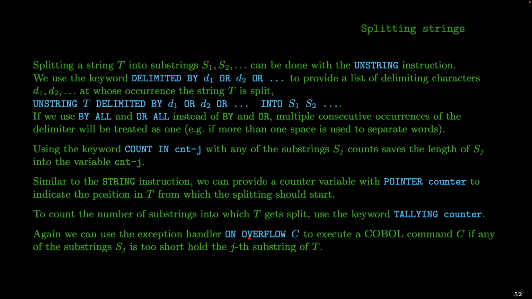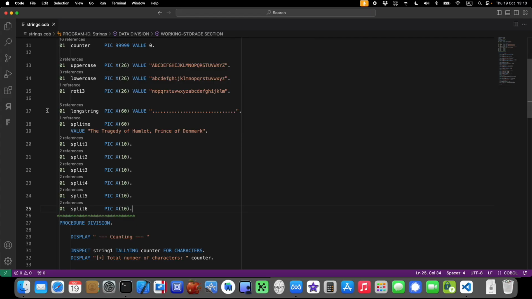And again, we can use an onOverflow exception handler to execute a COBOL command if any of the substrings given in the back here is too short to contain the jth substring that t is split up into. To see concatenating and splitting in COBOL, I introduce a few new variables.